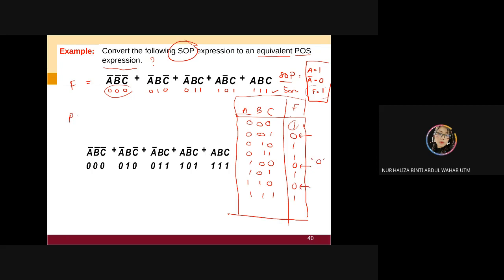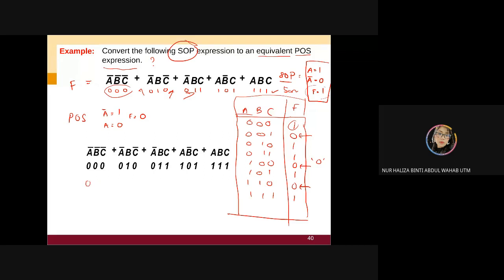For your POS, A bar equal to 1, A equal to 0, your F will be 0. Now, this is the thing that you need to consider. The rest that are not getting 1, what is the value of getting 0, which is not covered in all listed here.